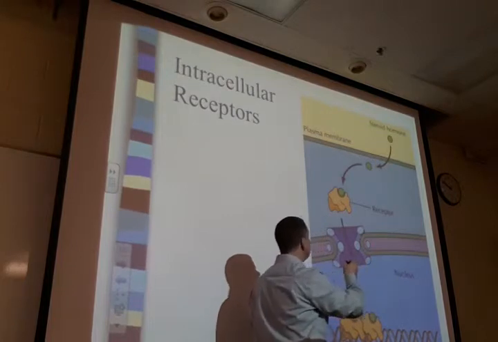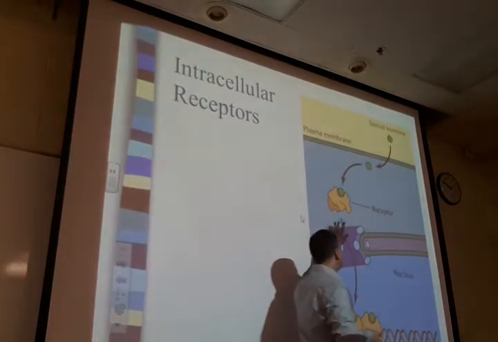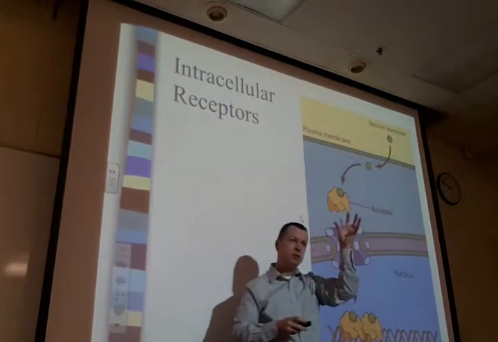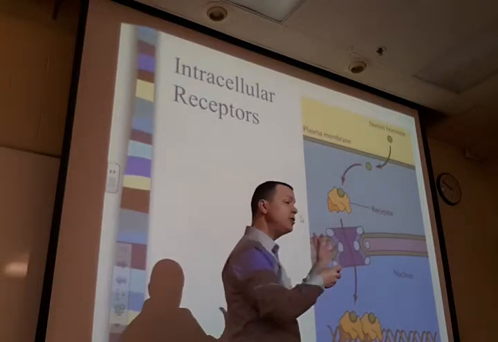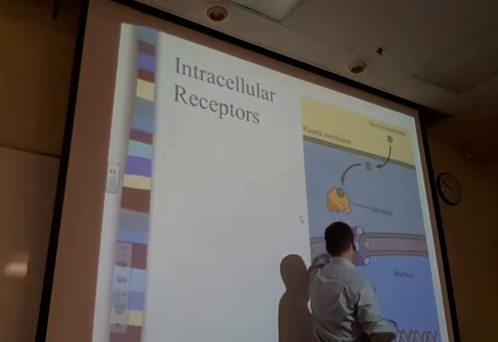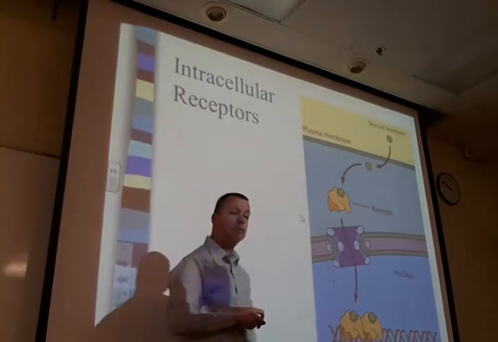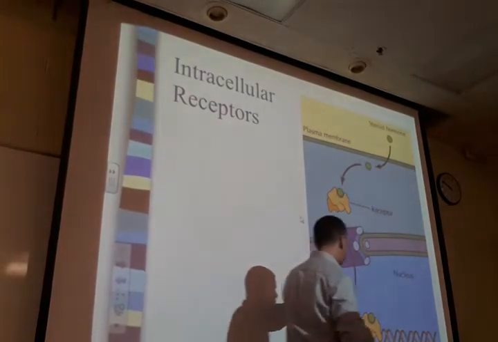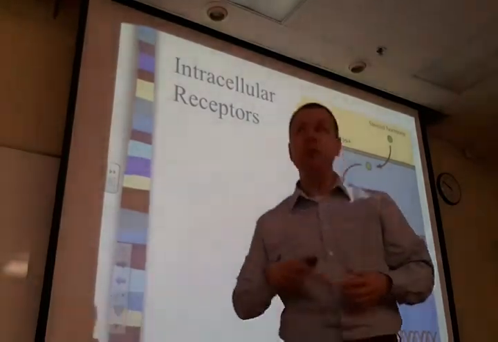When the steroid hormone binds to the receptor, that typically changes the shape of the receptor ever so slightly, in this case so that the nuclear localization signal is revealed, gets it across the pore into the nucleus, and very often these receptors are also transcription factors. They hop on specific genes and increase the expression of specific genes.